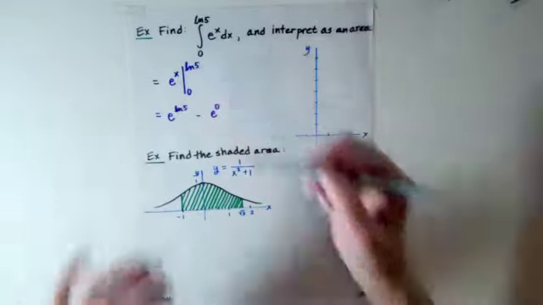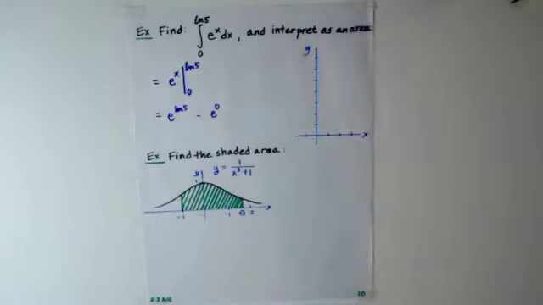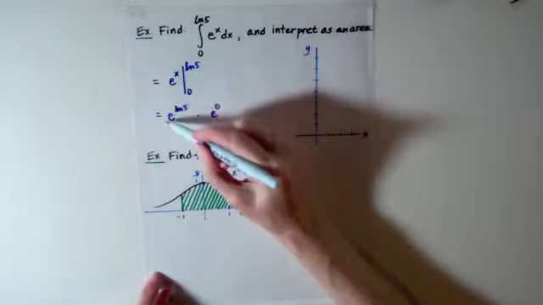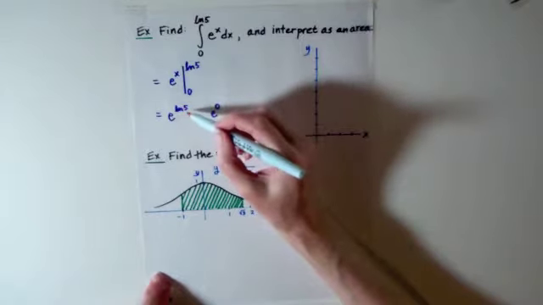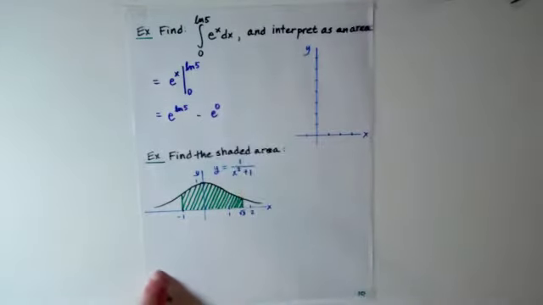So e to the x evaluated at ln of 5 minus e to the x evaluated at 0. Okay, now I want you to realize that this first expression simplifies. Remember that the natural log function and the natural exponential function are inverses of each other.